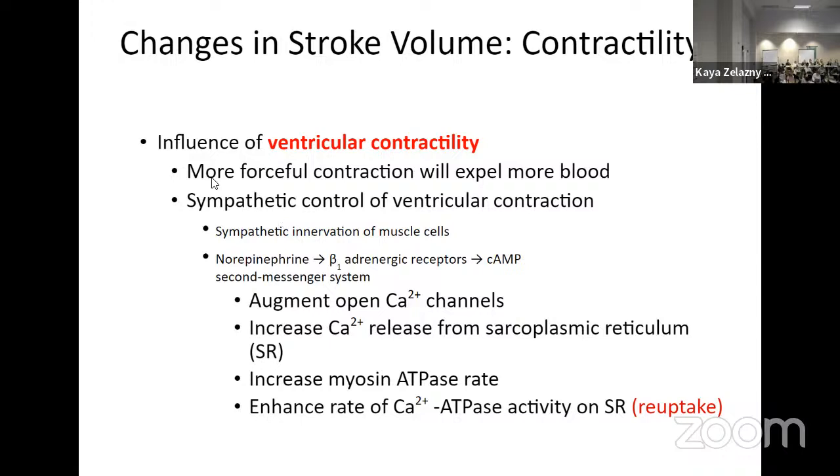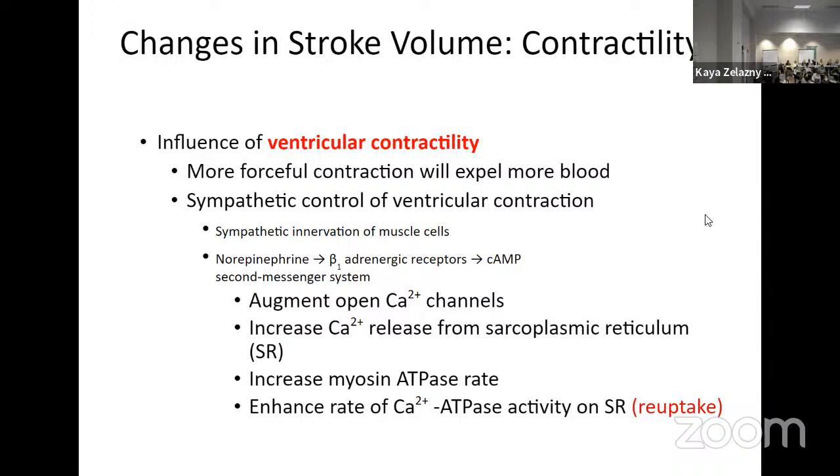So when we have the sympathetic nervous system putting out norepinephrine, opening calcium channels, part of what that's going to do is increase cross-bridge cycling. Okay? So we can increase the myosin ATPase rate as well. And we can also increase the rate of calcium activity on the sarcoplasmic reticulum in terms of its reuptake.